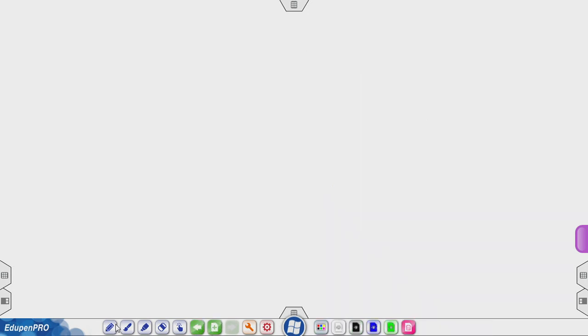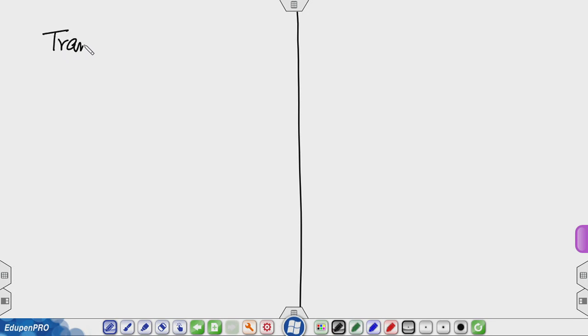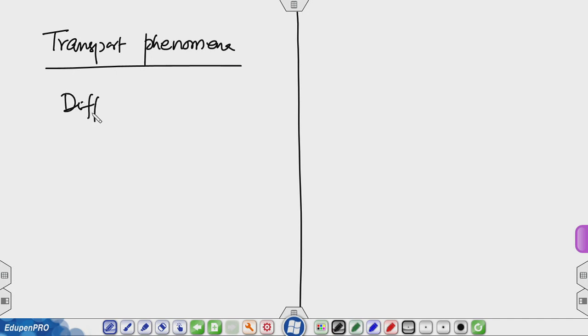So, what is the kind of transport phenomena we are studying? We are going to talk about diffusion. We are going to talk about heat conduction.